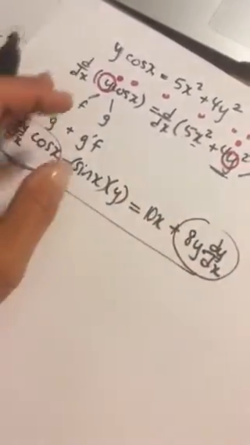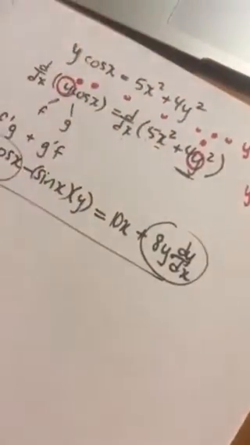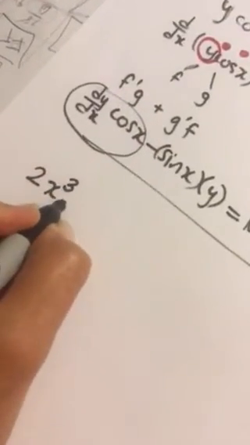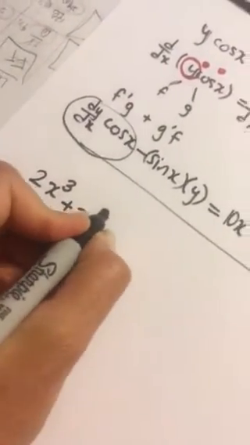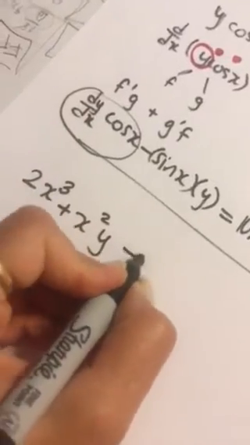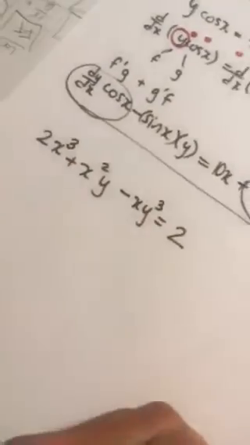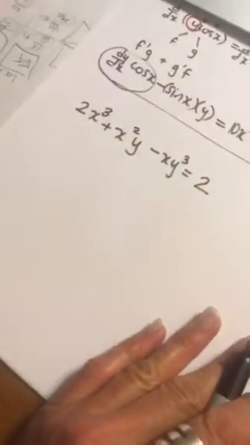Now, what about this other problem where we have something like 2x cubed plus x squared y minus xy cubed equals 2. Let's suppose we want to find dy dx here.